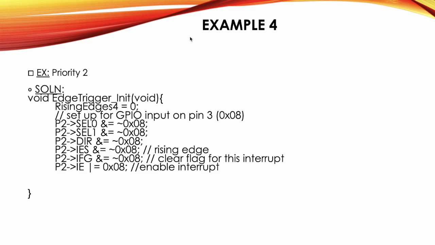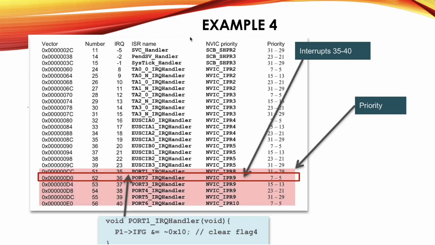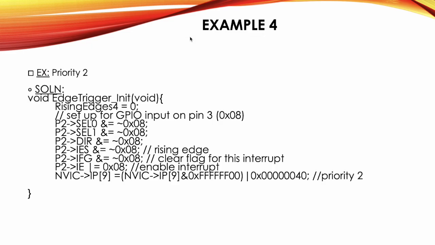And then really the last part we need is to be able to set the correct priority. You'll notice that this is NVIC IPR 9, or NVIC pointing to the IP register number 9. And so if you look down here, I'm pointing there just like I did in the previous example. I am writing a 1, or anding it with 1, everywhere that I don't want to adjust.